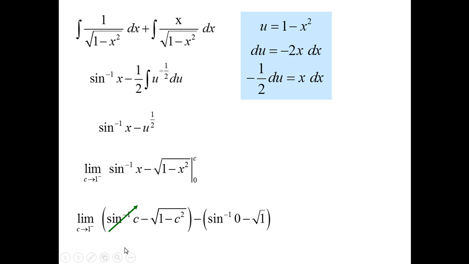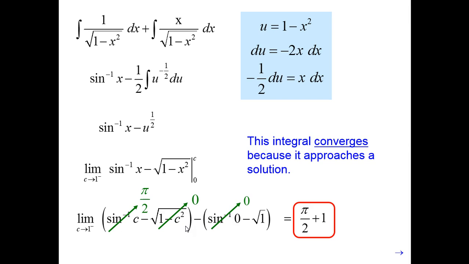So as c approaches 1, just think direct substitution. Arc sine of 1 is pi over 2. 1 minus 1, of course, is going to be 0. Arc sine of 0 is just 0, and then we're just left with pi over 2 plus 1. So this integral, we would say, converges to the value pi over 2 plus 1.